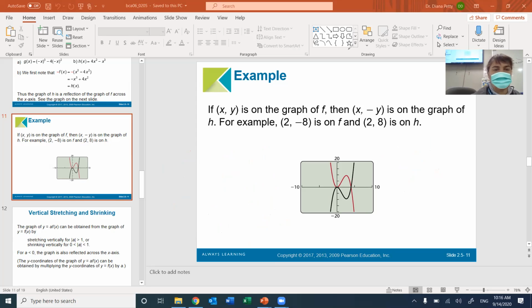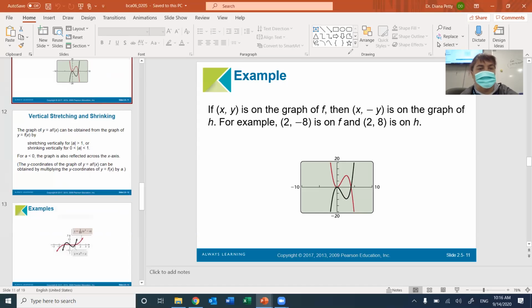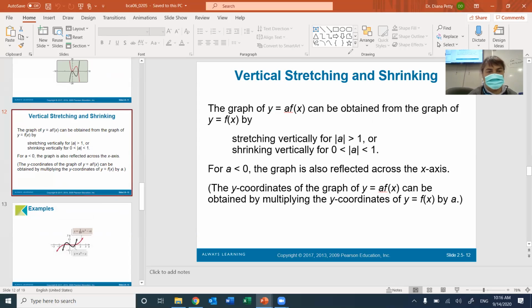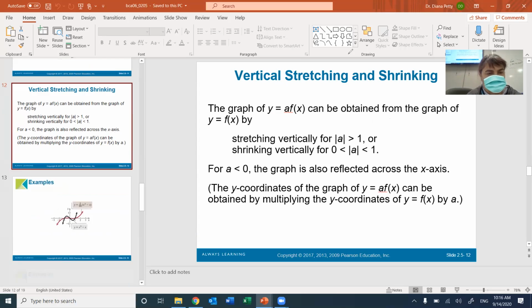So what we're going to do today, after we learned reflection and shifts, vertical and horizontal, is stretching and compressing. Let's look at the graphs right here.